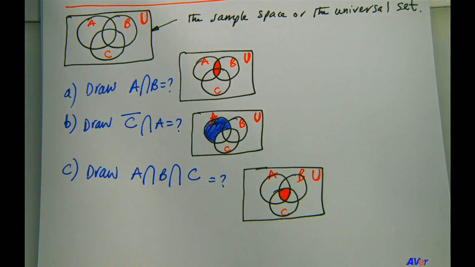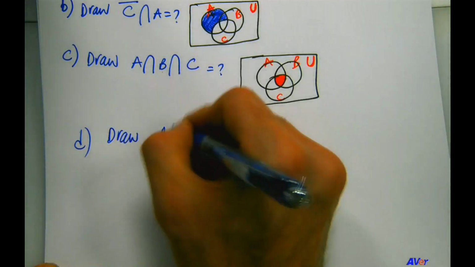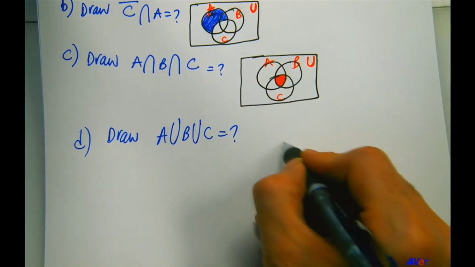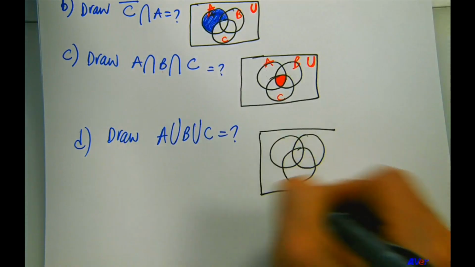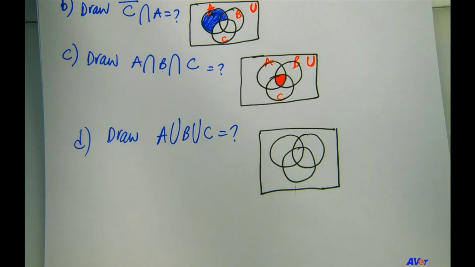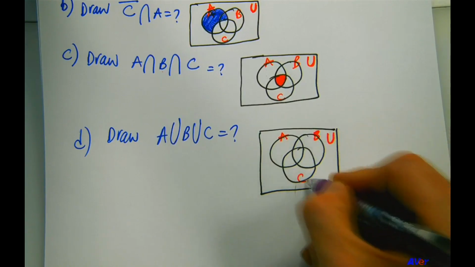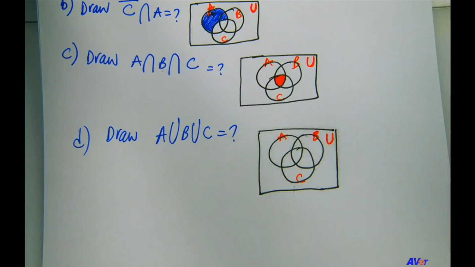All right. So let's draw A union B union C. Okay, so we have A, B, and C. A union B union C is everything in A, B, and C. That's probably too easy, right?